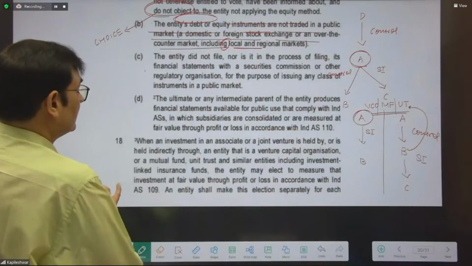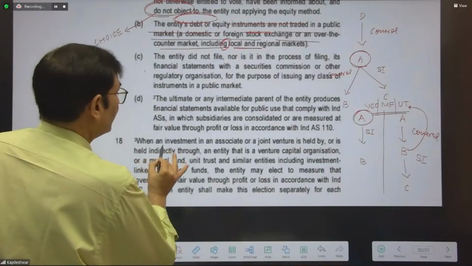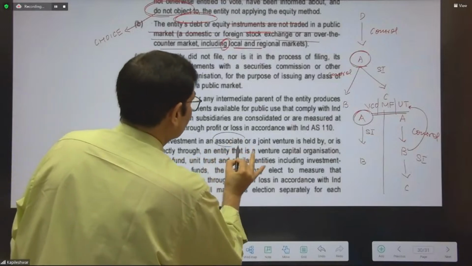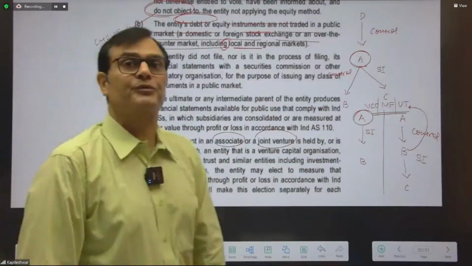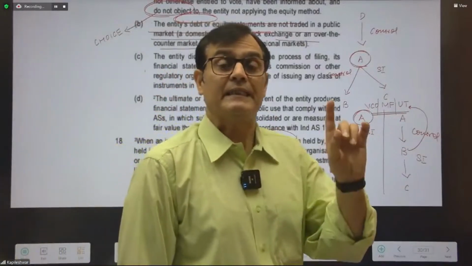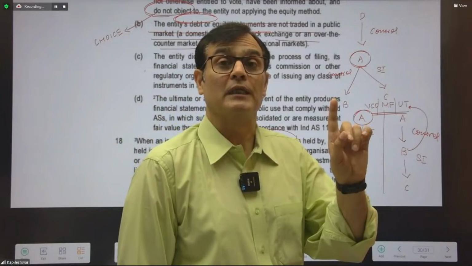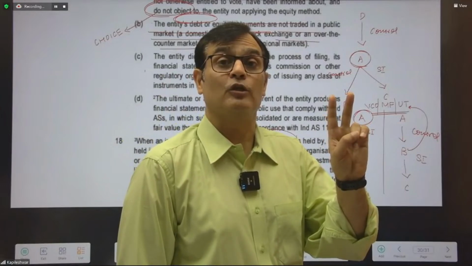See what it says in para 18. When an investment in the associate or a joint venture, the word is associate and JV both. Para number 18 is talking of associate, JV both. Para number 19 is talking only of associate.